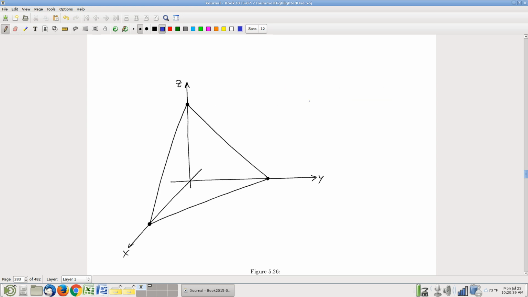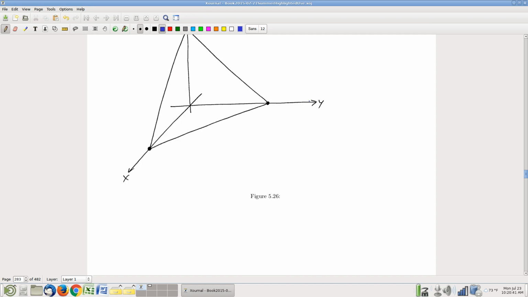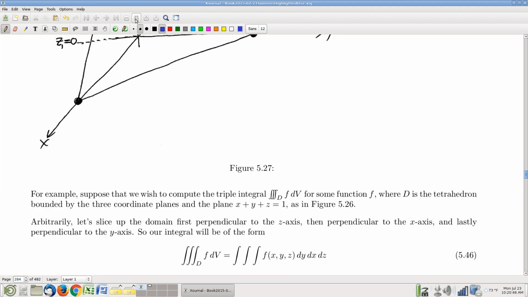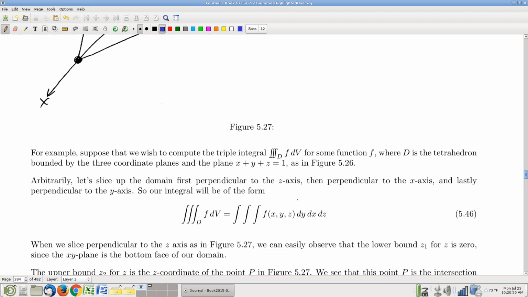Okay, so how do we slice this up? What are the bounds on the resulting integrals when we slice this up? So I'm going to make a fairly arbitrary choice here. I'm going to start by choosing to do my differentials in this order. Why that order, you ask? In this case, no good reason.